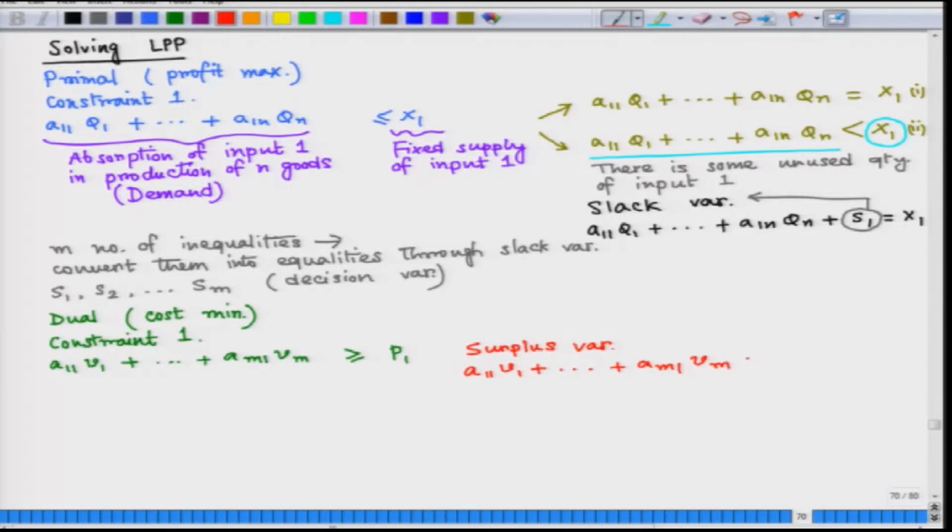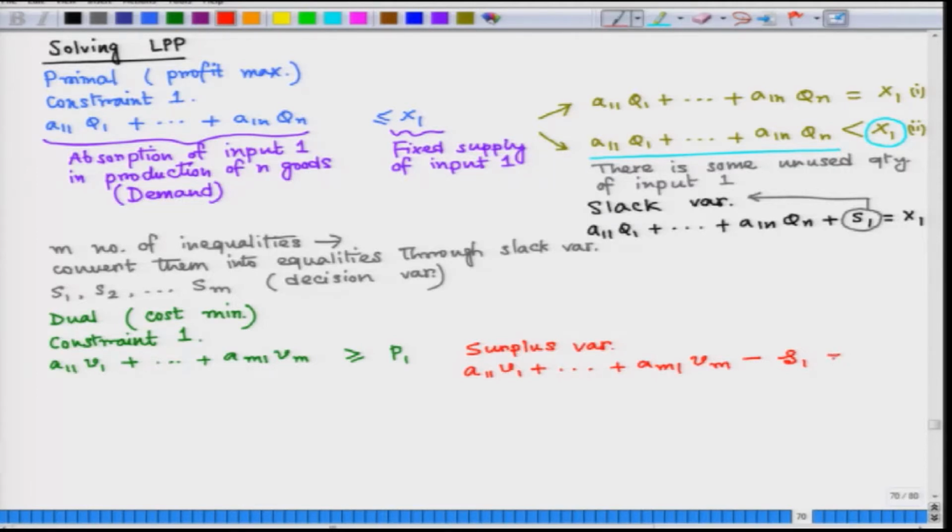So, note that here we have a higher value in the left hand side. So, basically we need to deduct something from the left hand side such that it becomes equal to the right hand side, right. So, let me introduce this small s as my surplus variable that I introduce for my constraint 1, okay.